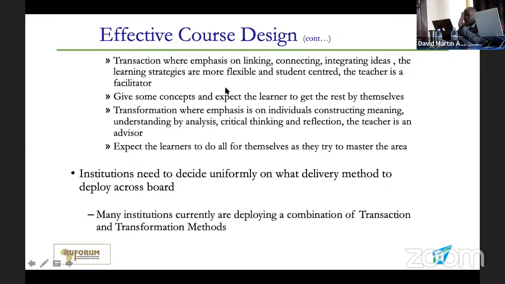I hope there are no questions up to that level. These concepts are trying to introduce you to this, especially those that have never interfaced with this, because I know there are quite many in there. But if you have questions, you can keep them until a time when we are ready to receive them.